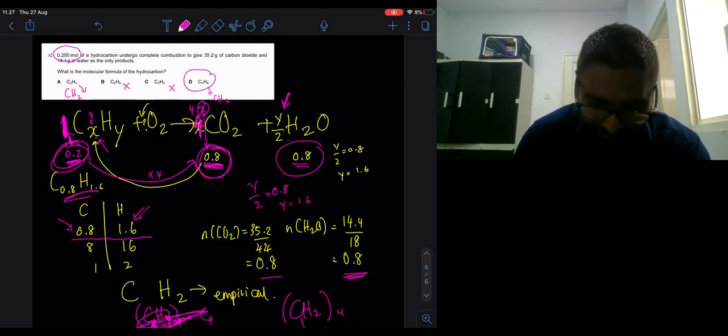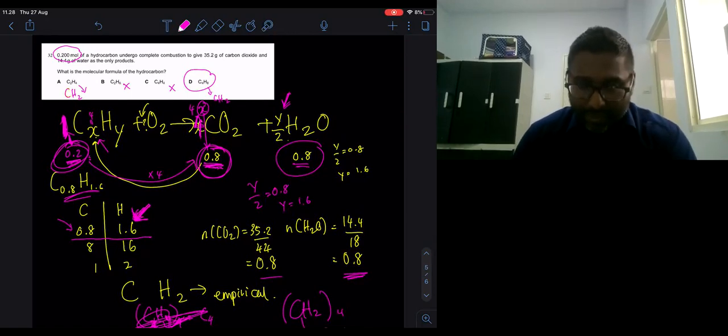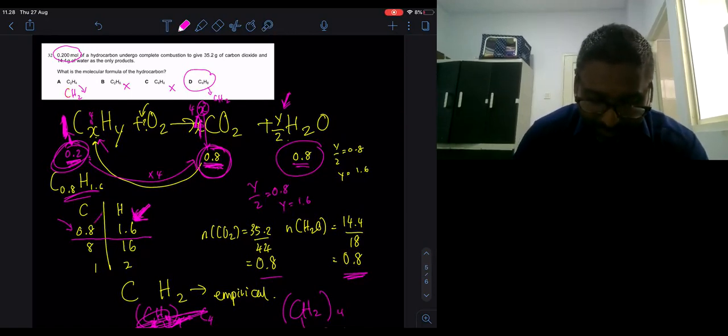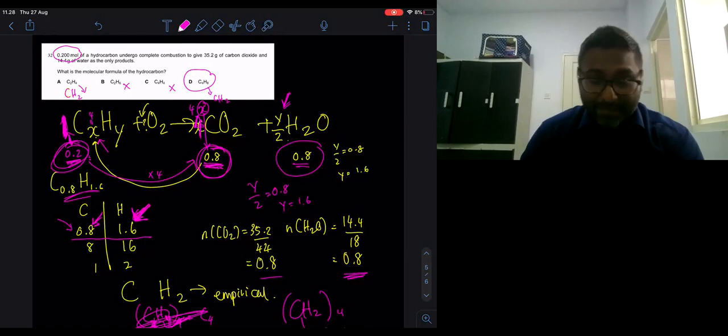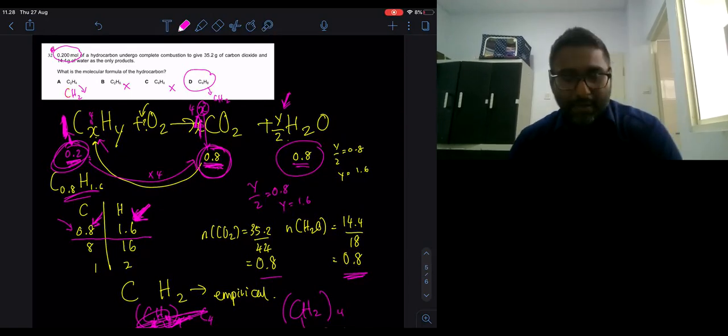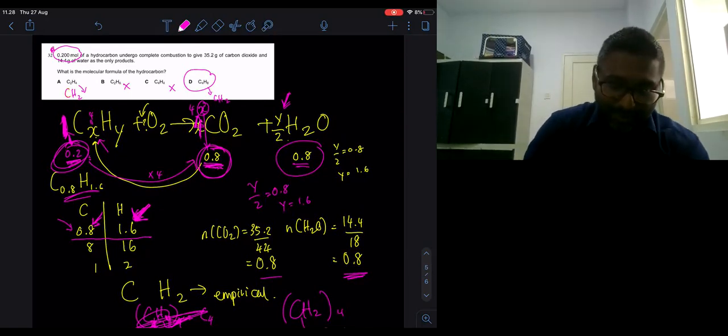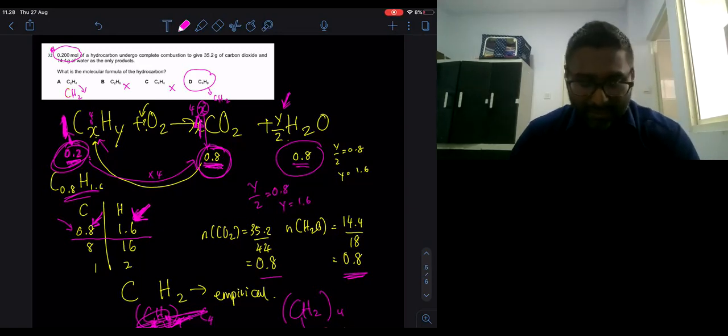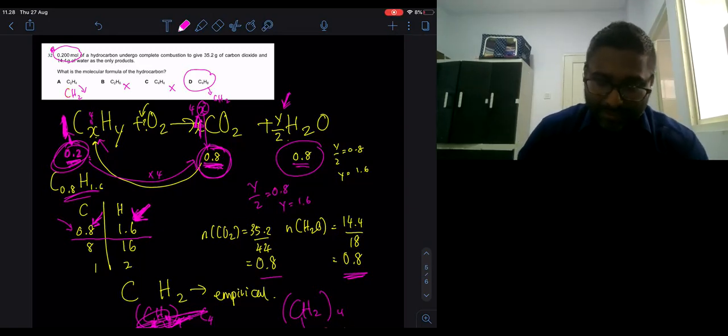So first of all, I find the relationship between carbon and hydrogen first. And then I know this is going to be 0.8, but I didn't check properly that I have this value. So once I have this value 0.2, I can definitely be sure that my X value is 4.